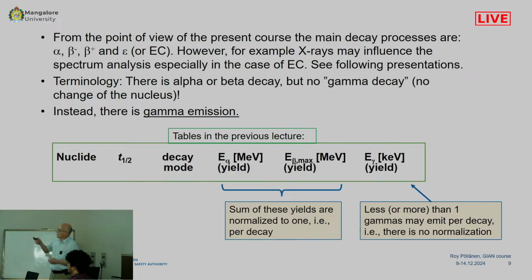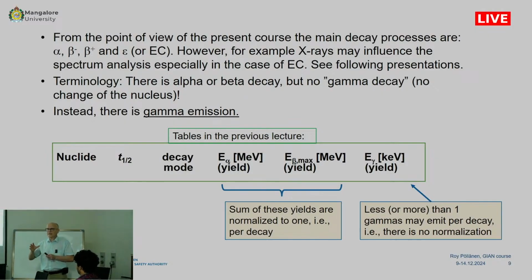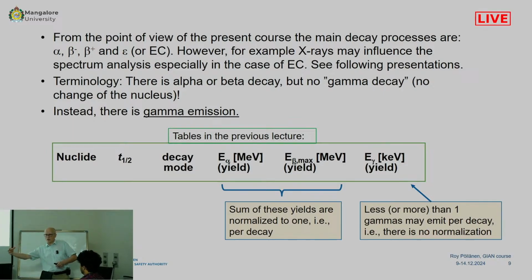So, from the point of view of the present course, the main decay processes are these. This EC is electron capture. Do you know that? I think most of you know, but it happens so that a decaying nuclide takes an electron from the electron shells, one of the electrons, and then a proton converts to a neutron.